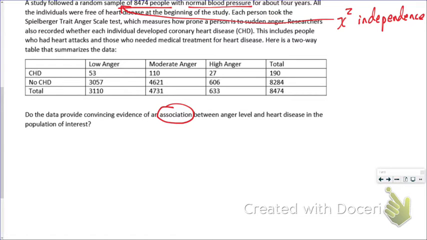So let's write our hypothesis. Heart disease is independent of level of anger for people with normal blood pressure. Notice that's the name of the test, so that's the word I use in my null.